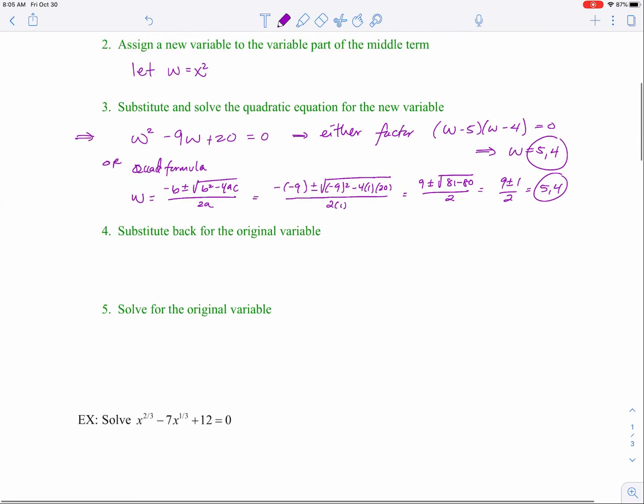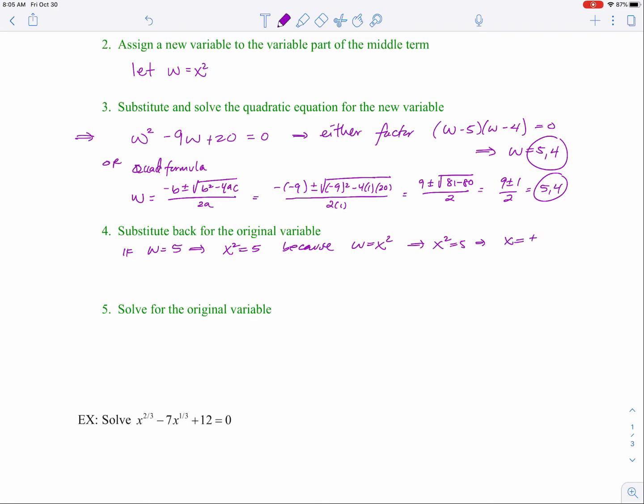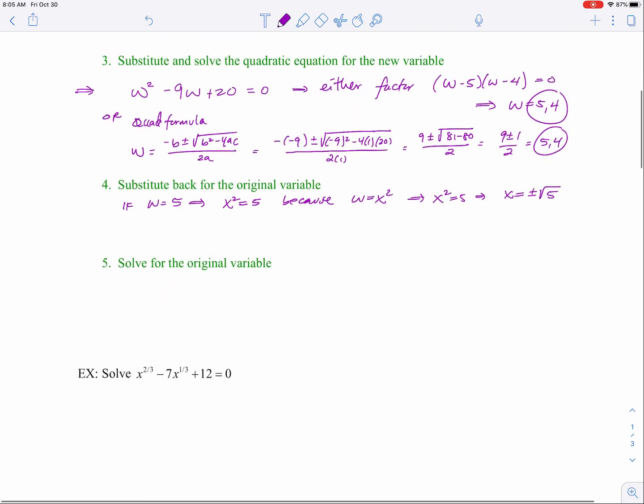Then step 4 says substitute back for the original variable. If w equals 5 and our substitution was w equals x squared, then x squared is equal to 5, which by the square root property implies x is plus or minus the square root of 5.